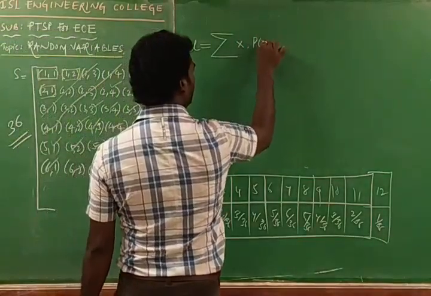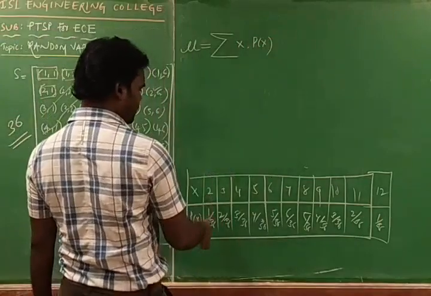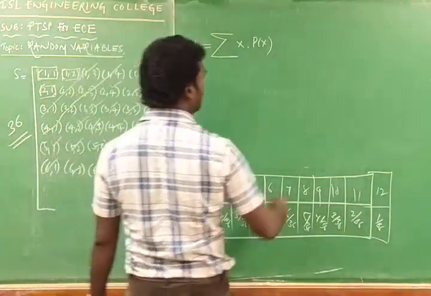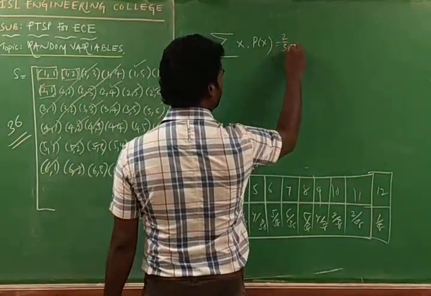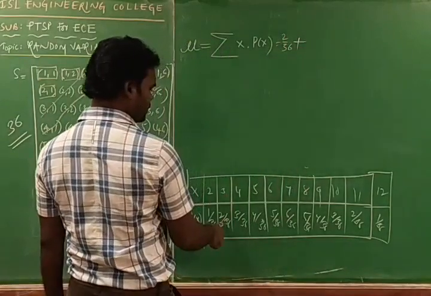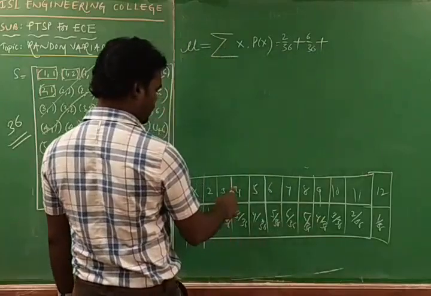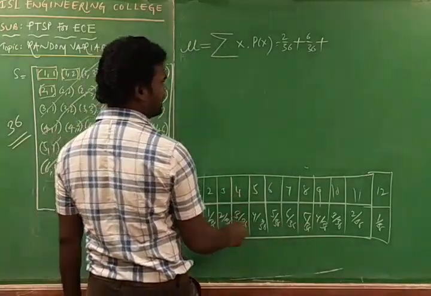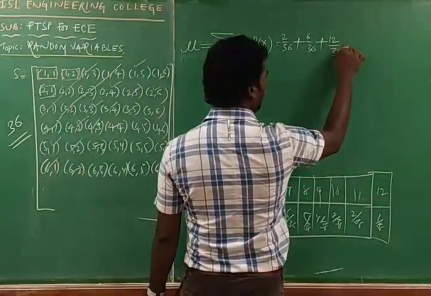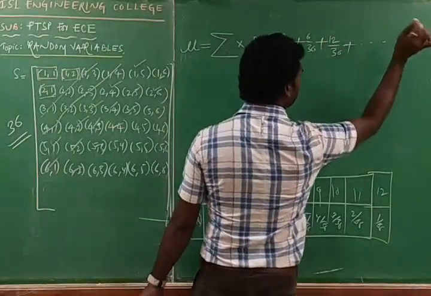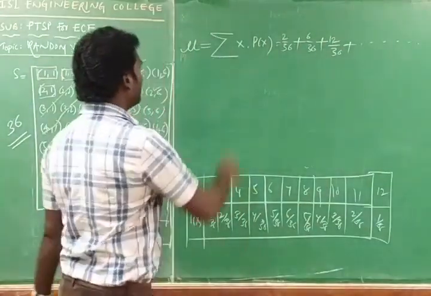That means 2 into 1 by 36, that is 2 by 36, plus 3 into 2 by 36, that is 6 by 36, plus 4 into 3 by 36, that is 12 by 36, plus likewise you continue with the rest. That will give mu.